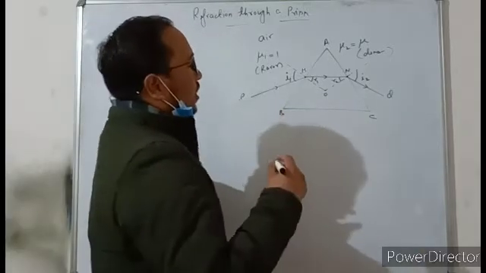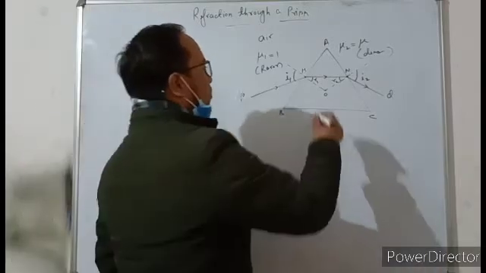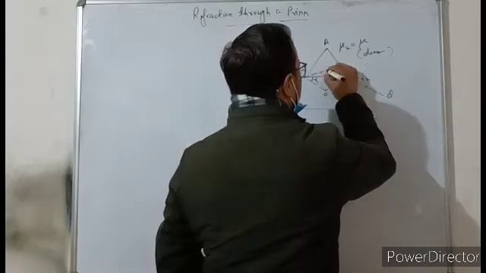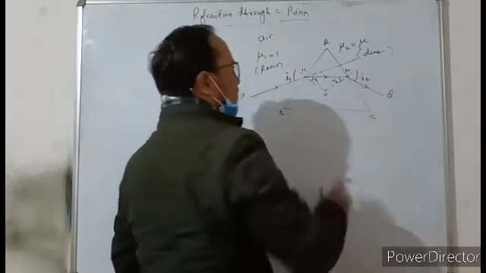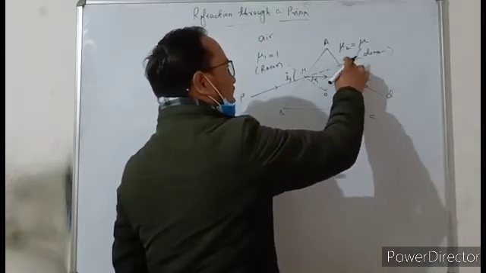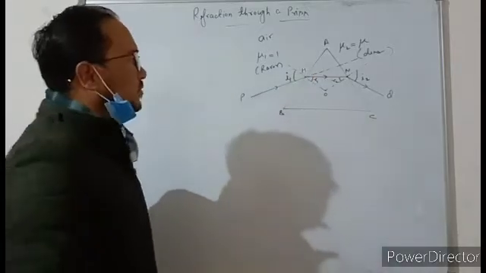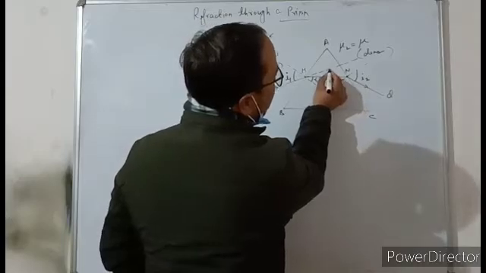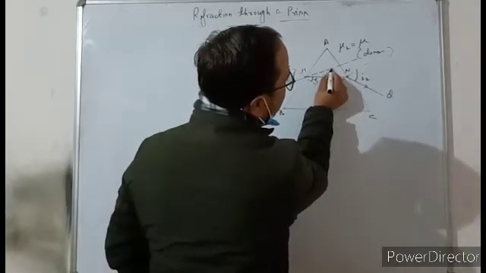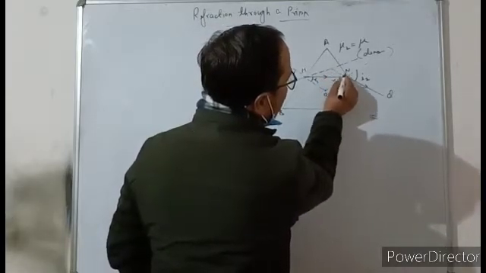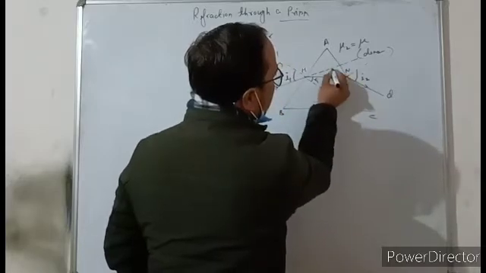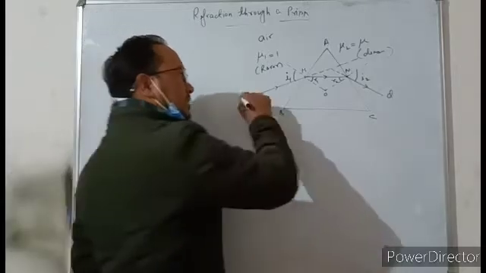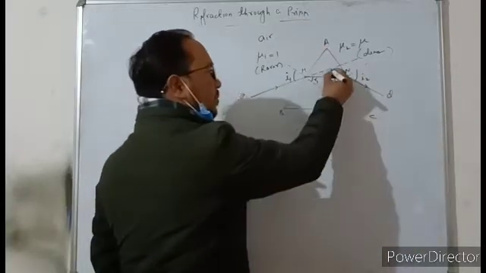So first of all, for finding this angle of deviation, we have to produce the incident ray in forward direction. This is our incident ray. This line should be in dotted form, and this is our emergent ray. So you have to produce it in backward direction. So this is incident ray and this is emergent ray.